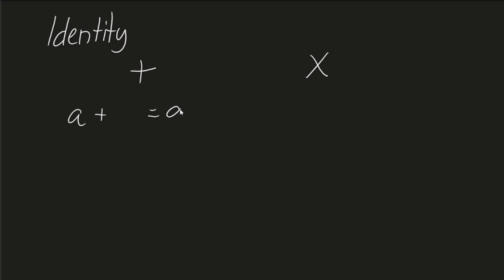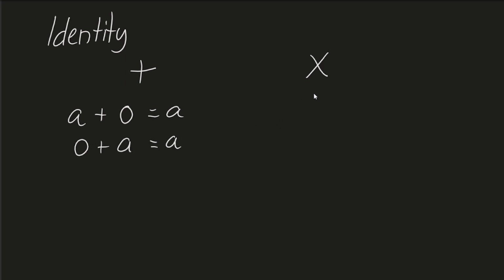Then we have the final property, which is identity. We have only two, which are for addition and multiplication. And it's going to ask, what number can I add to any number that will also give me that number? For addition, that is going to be 0. Even if you change the position using the commutative property, it is going to be the same.